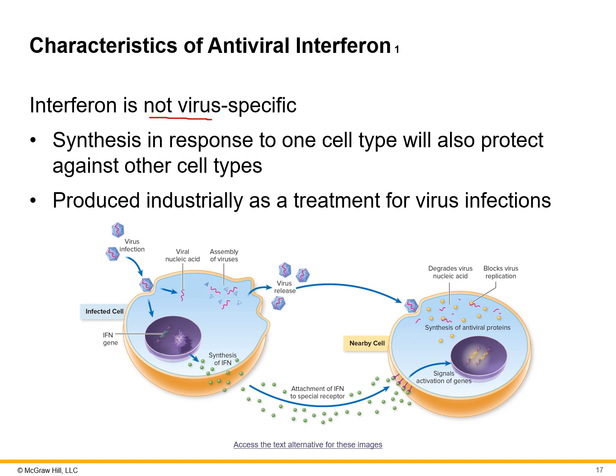It's just the synthesis and response to one cell type that protects against other cell types. It's produced industrially as a treatment. Our body naturally makes it, but it is also a drug that can be made in a pharmacy and prescribed.